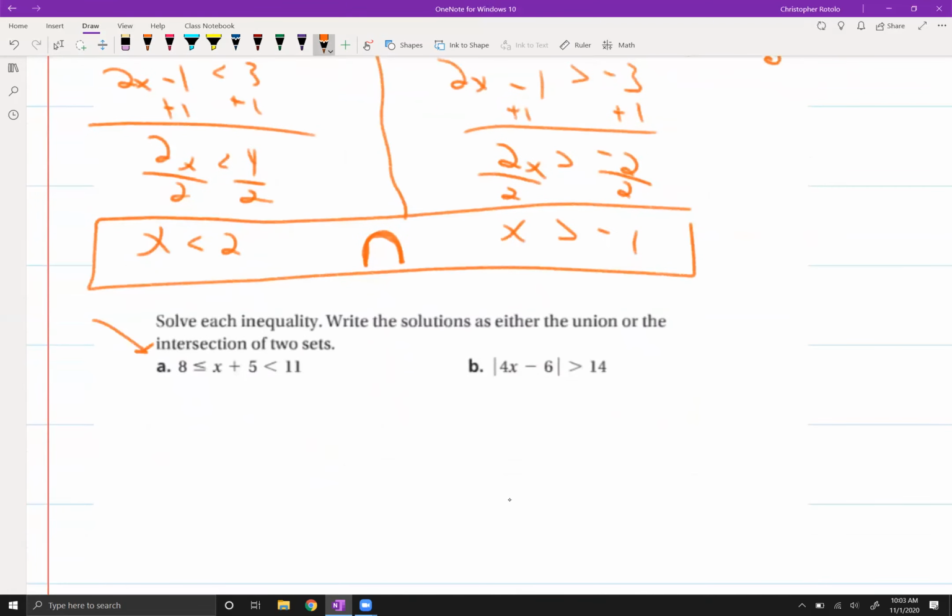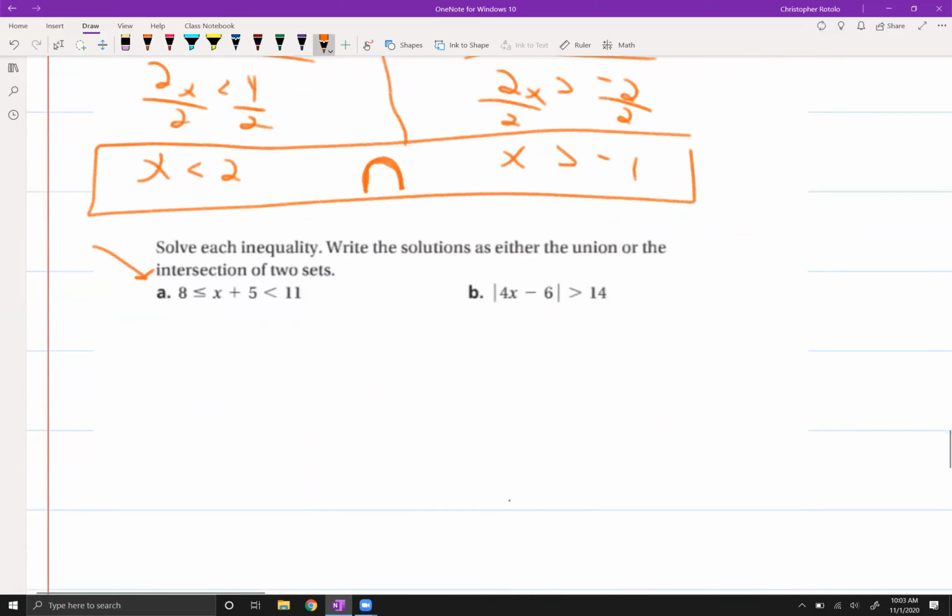All right, now in letter A, number 1, we deal with this and we know by the way it's written, it's supposed to be an "and," so we're hoping to have an intersection in the end. So let's take a look at what happens. So minus 5 on all 3 sides. So 3 is less than x. And I'm going to go ahead and separate this one. Normally we leave it all together.